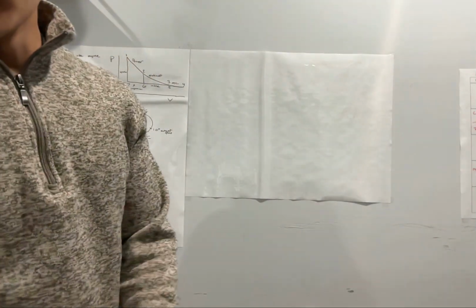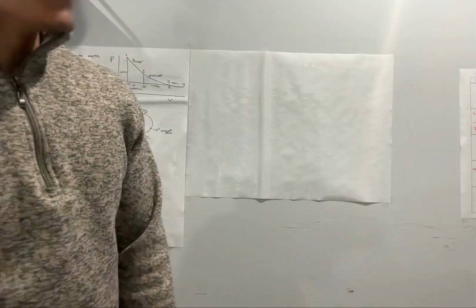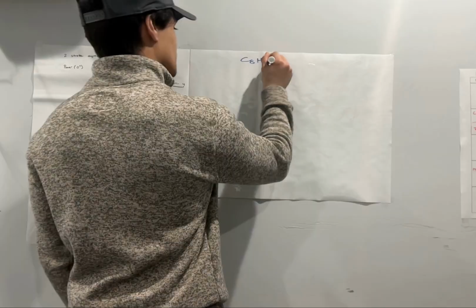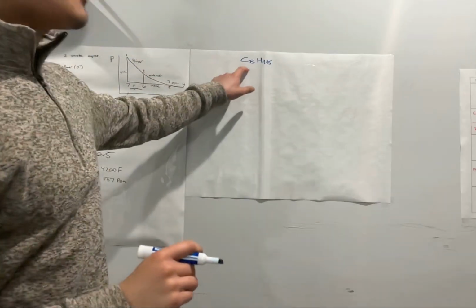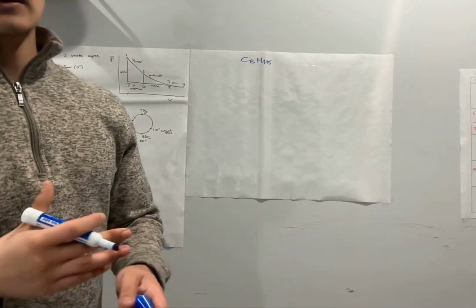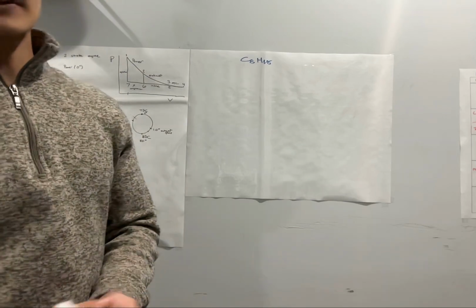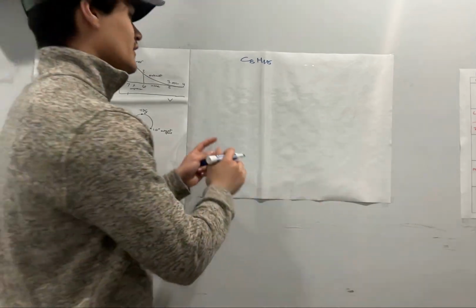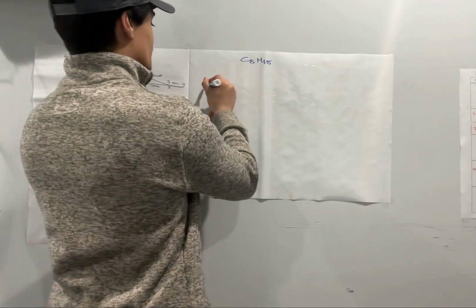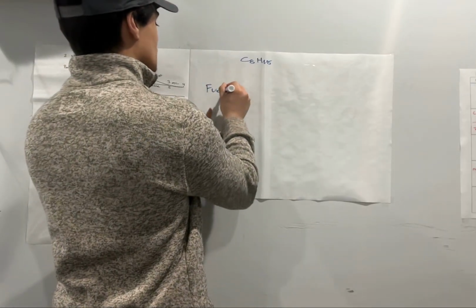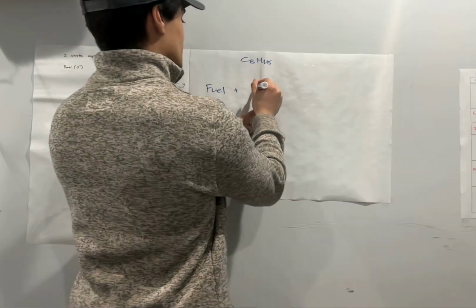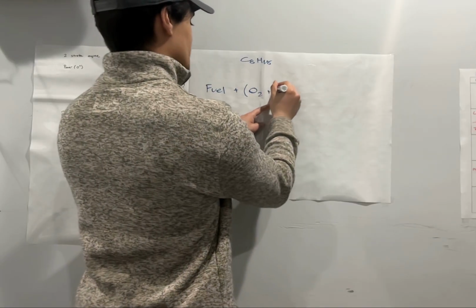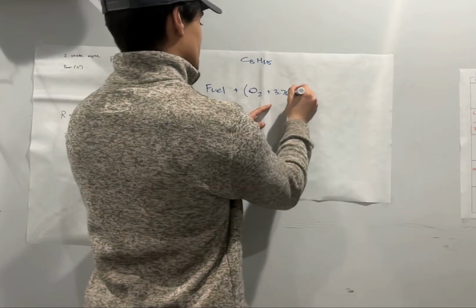So the fuel we're using is C8H18. And typically when you're solving for either the real case or the stoichiometric case, in this case we're going to solve for the stoichiometric, it's going to follow this sort of format where it's fuel plus O2 plus 3.76 N2.